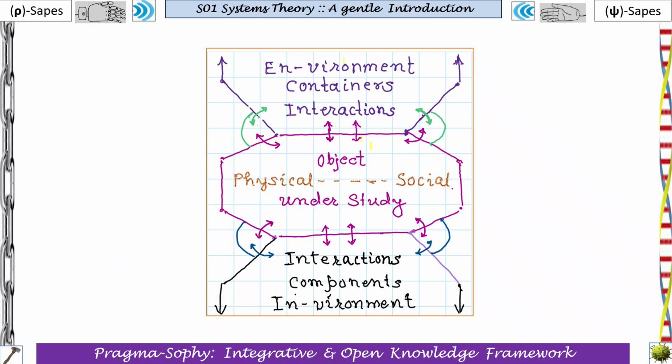When you are studying something, you should never jump levels. When a particular component, part, system, object, or holon is under study, you should only look at L1, that is one level up, and L minus 1, that is one level down.